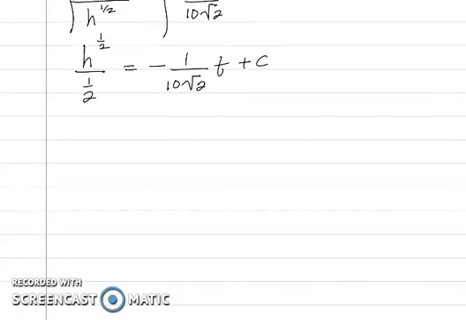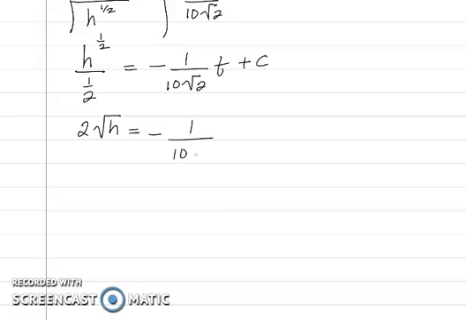Dividing by a half is the same as multiplying by 2. So 2 times the root of h, h to the power of a half, is equal to minus 1 over 10 root 2 t plus c.